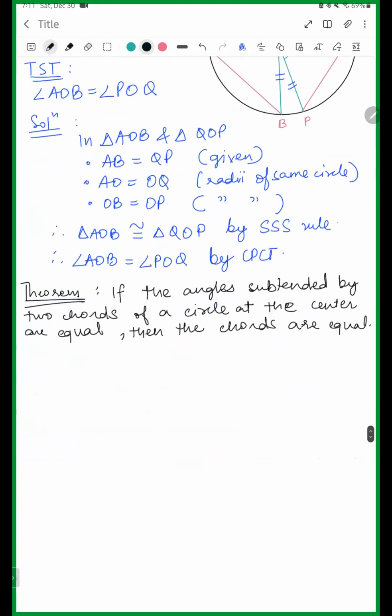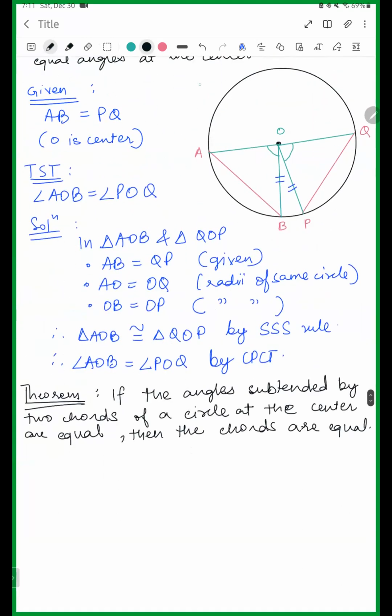And you can prove this in a very similar way. I'm just going to copy this.